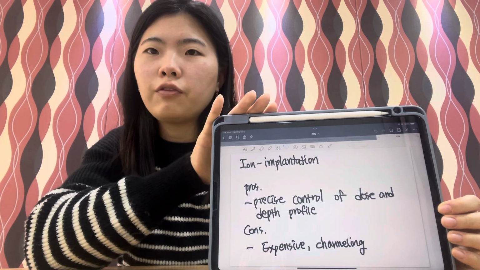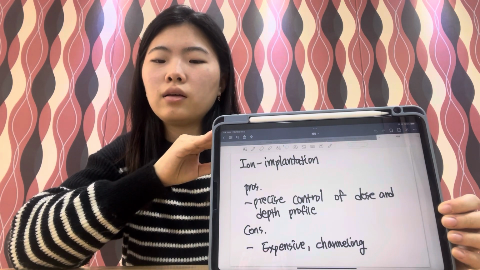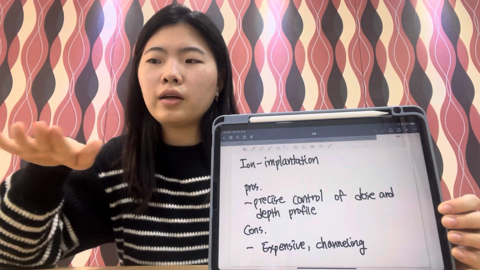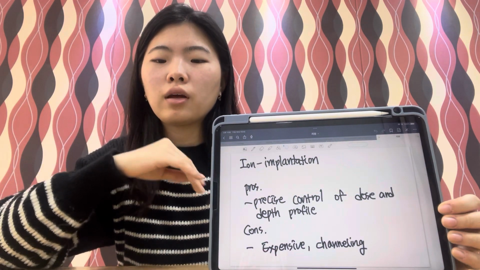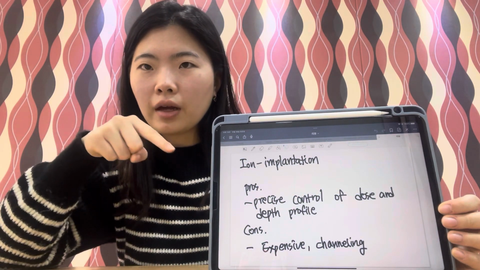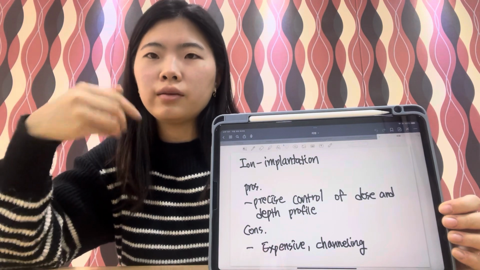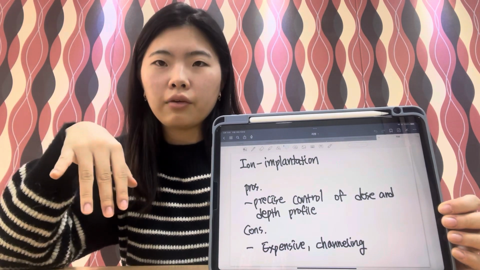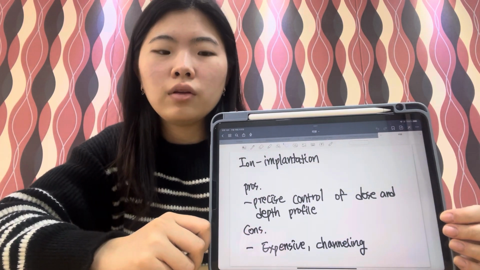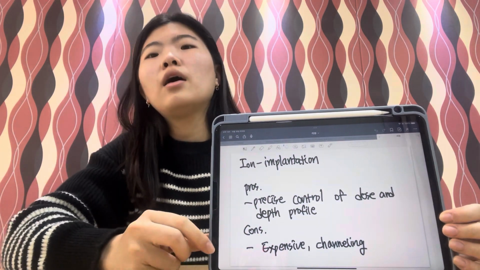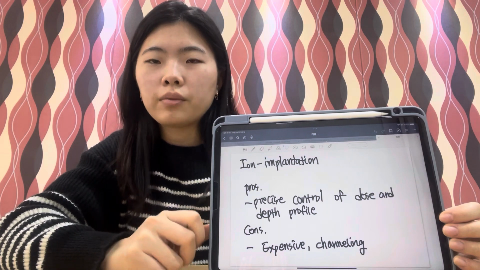Thermal diffusion works on every area together, but ion implantation can work on only specific areas, so we can do exact doping on that area.